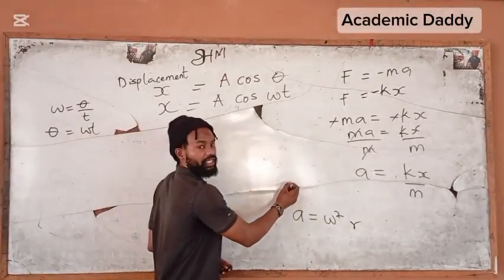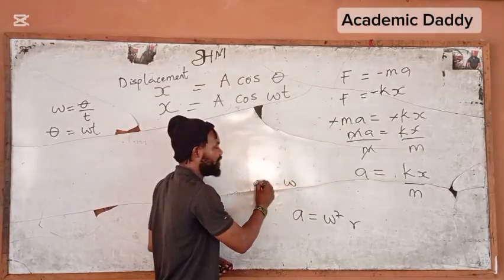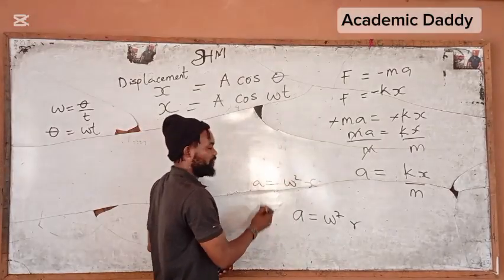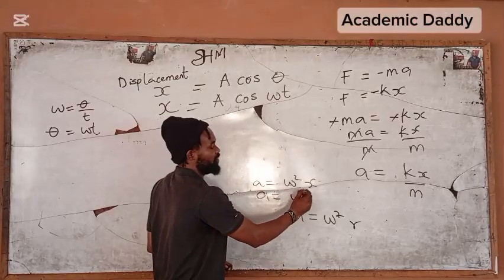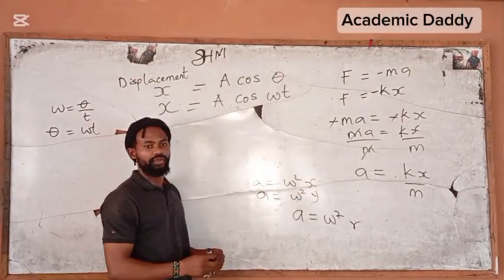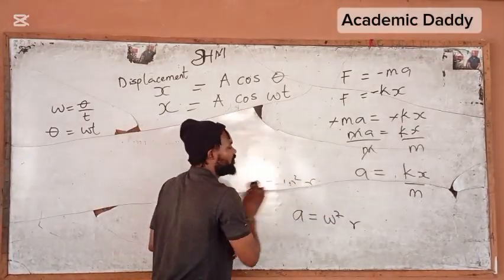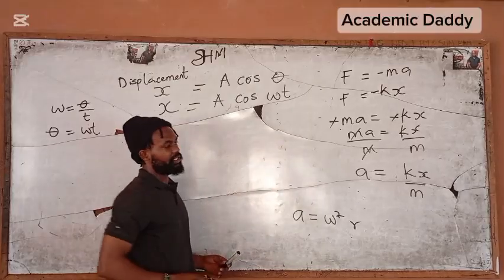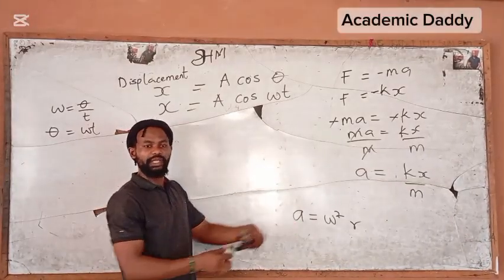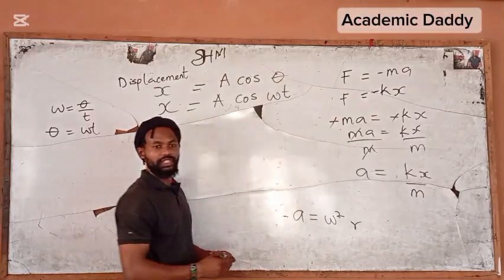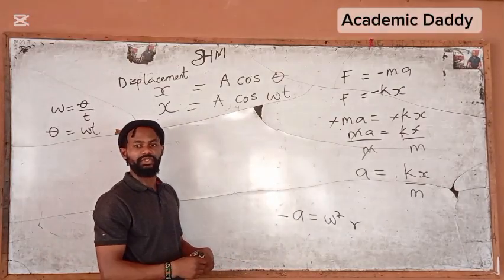But when we're talking about acceleration in the X-axis, A becomes W square X. If you're talking about acceleration in the Y-axis, it becomes W square Y. Is it not true? Yes. So remember that acceleration for a simple harmonic motion is moving in opposite direction, which is minus MA. Is it not true?